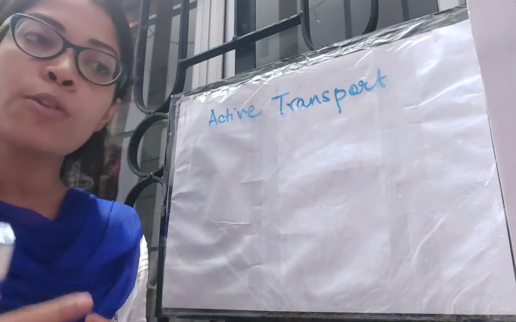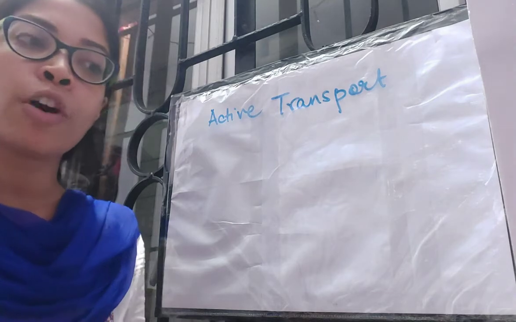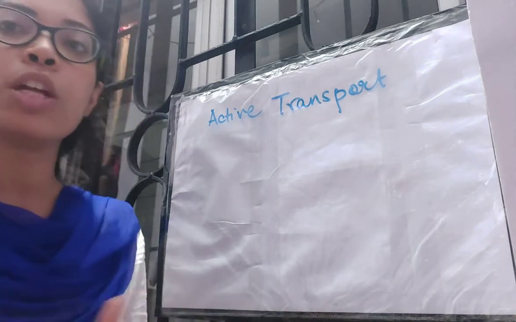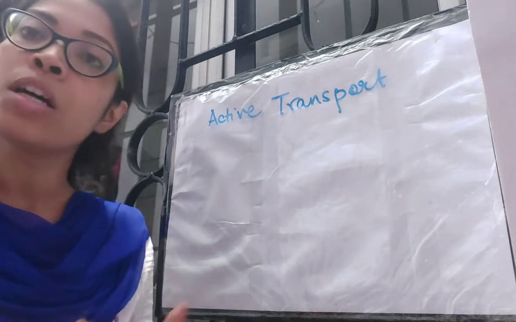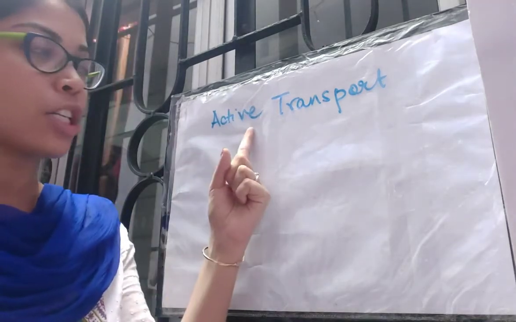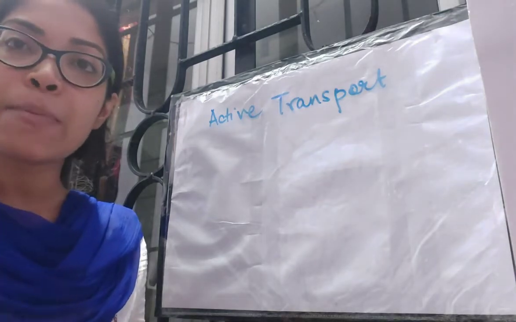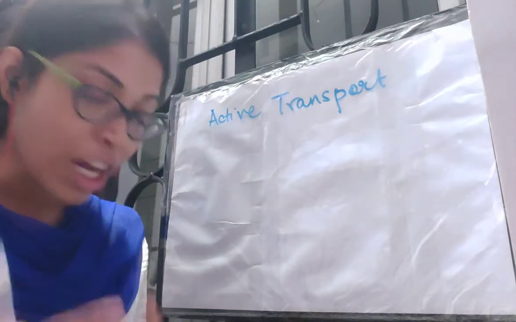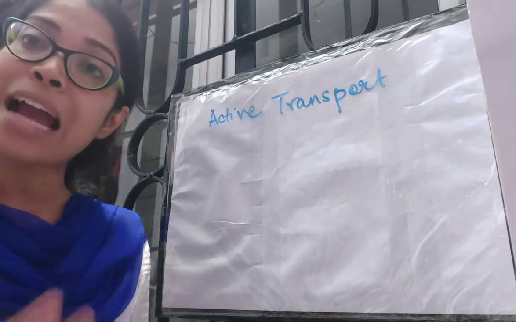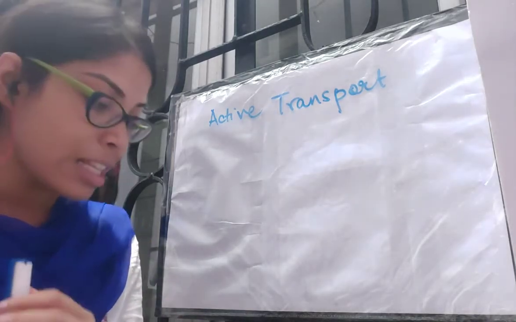The molecules move freely, spontaneously on their own from higher concentration area to the lower concentration area without any external help. But in case of active transport, from the name you can understand that this type of transport is taking place actively. That means external energy is required in this case.